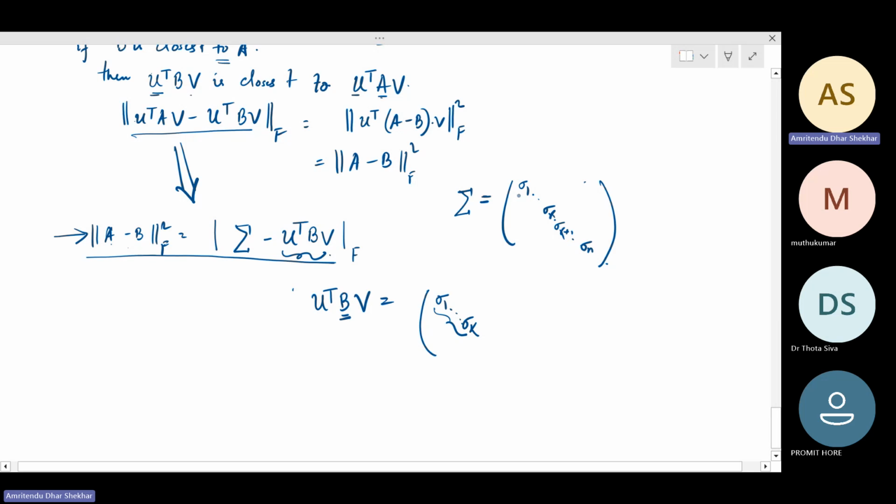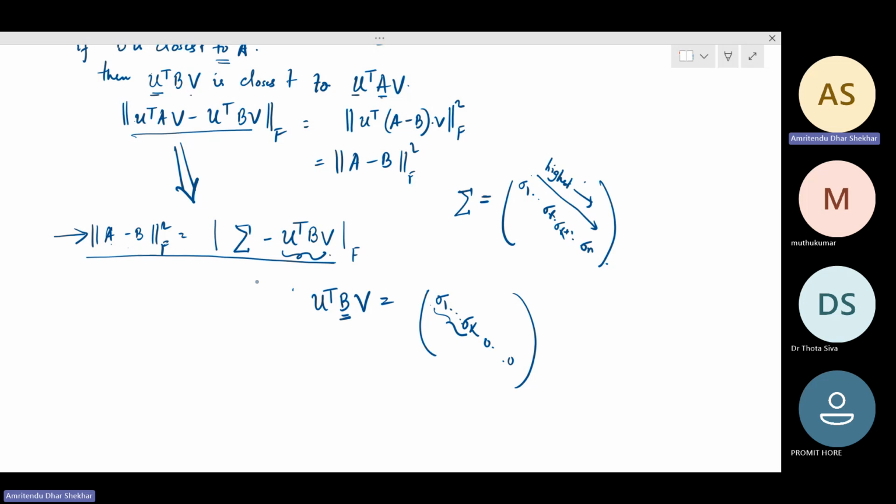The singular values are always arranged from highest to lowest. So I'll choose U transpose BV to be equal to the first K largest singular values and then zero afterwards. That would give me a rank K matrix, which is going to be closest to this.